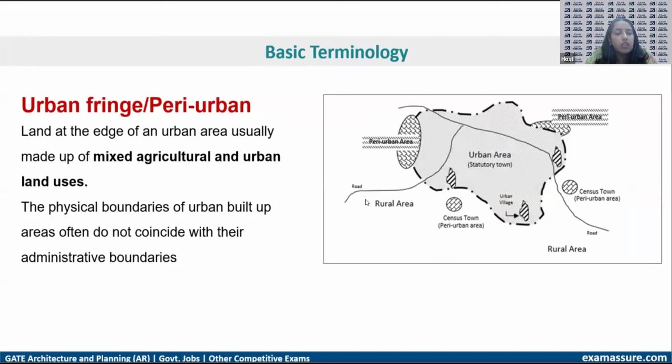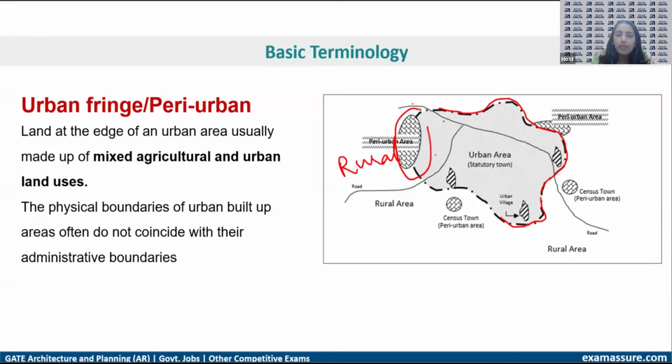Coming to your urban fringe, peri-urban areas. Now, let's say you have a city, some metro city, or an urban area. At the edge, or towards the administrative boundary, or where the metro area or the urban area has its limits, not necessarily always, but where you see that transition from that urban area to the rural area.